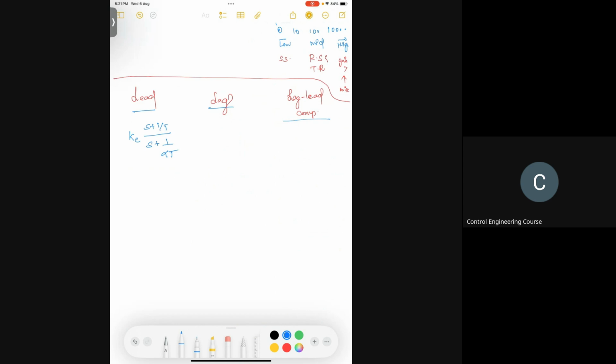Whereas your lag compensator would look the same with the range of beta. Instead of alpha, we used to mention that as beta: (S plus 1 by T) divided by (S plus 1 by beta T), just to understand the difference between these two, not to get confused one with each other. This would look the same.